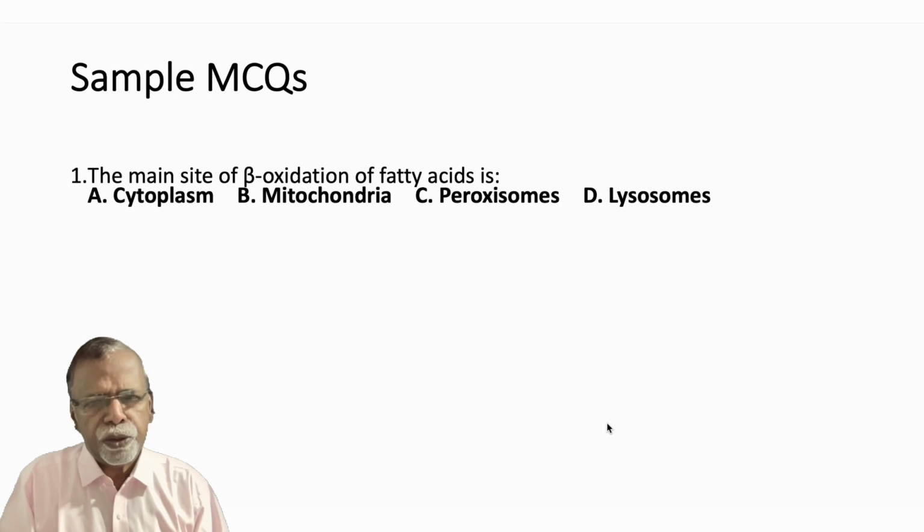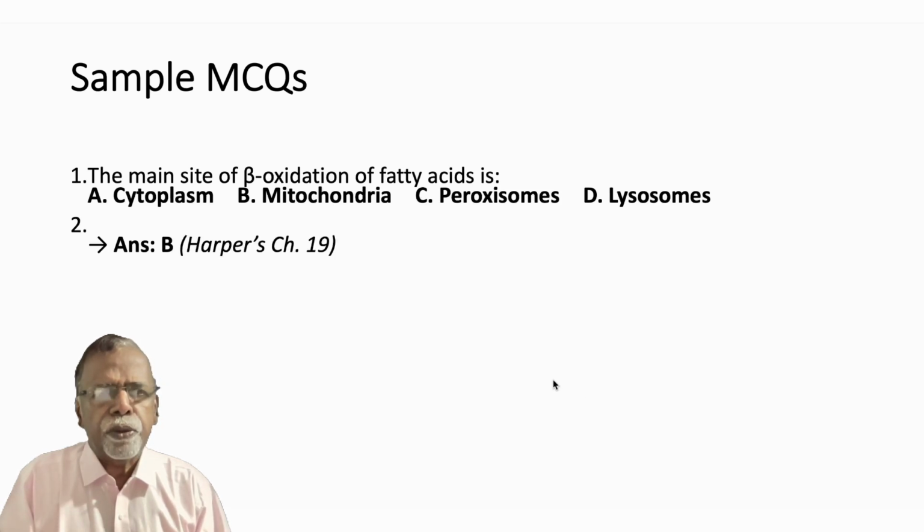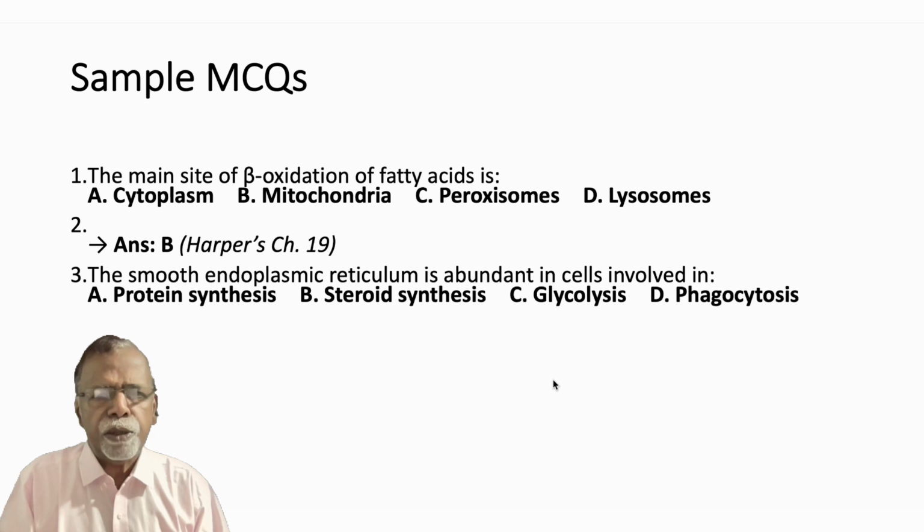The main site of beta oxidation of fatty acid is, you write down the answer. What is the answer? The answer is mitochondria. Beta oxidation is a powerhouse, 90% of the energy. Next question, the smooth endoplasmic reticulum is abundant in cells involved in.